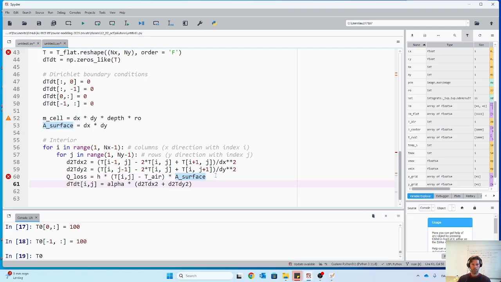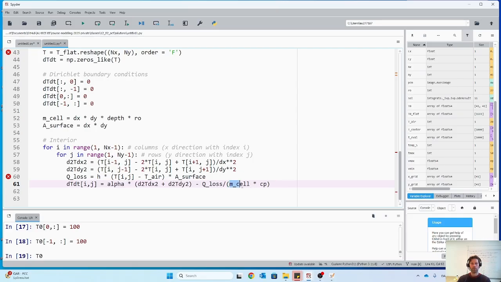So down here we can subtract the Q loss, and we divide by the mass of the cell times Cp, like this.